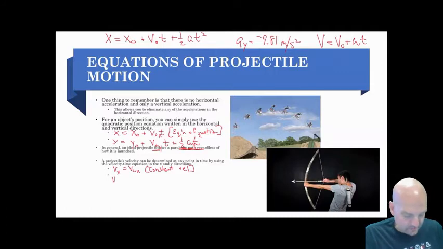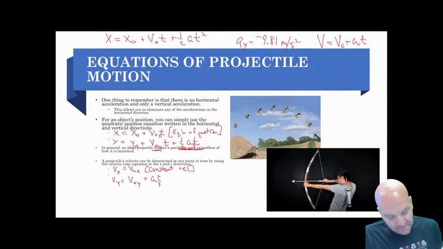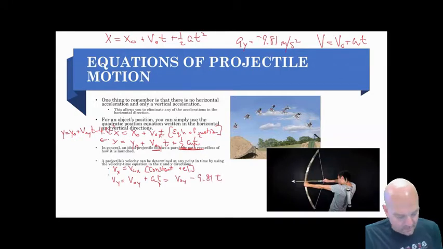And in the Y direction, it's vy equals v0y plus at. In fact, we can rewrite these a little by plugging in that a is negative 9.81. So this equation becomes y equals y0 plus v0y t minus 4.9 t squared, and this equation becomes vy equals v0y minus 9.81 t.